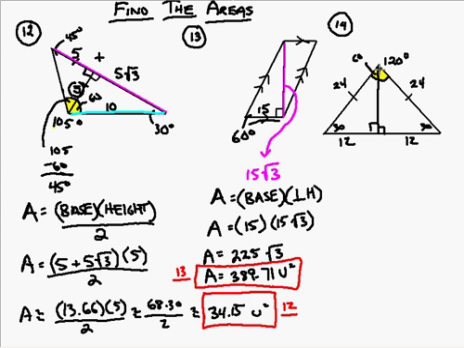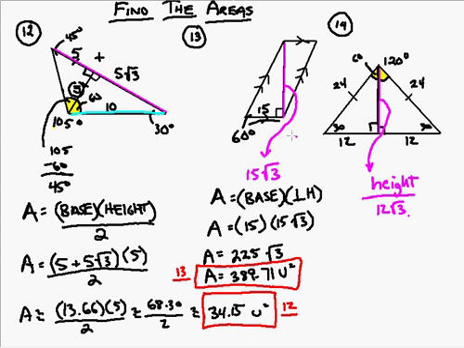This long leg right here is going to be the short leg times the square root of 3. So the height, which is the long leg, is simply going to be 12 times the square root of 3.